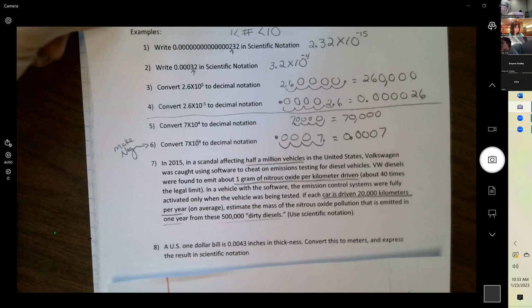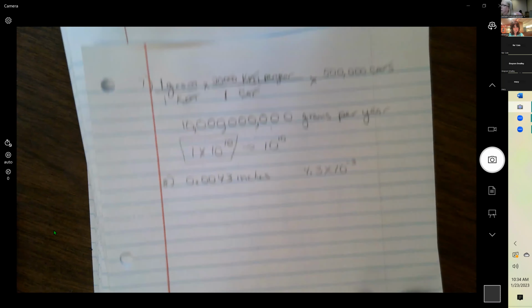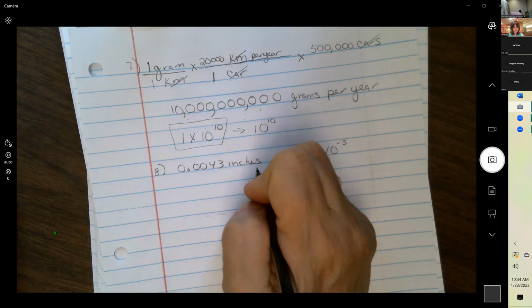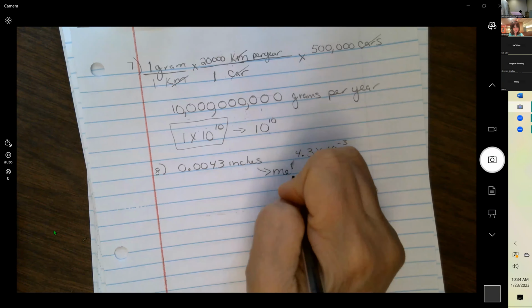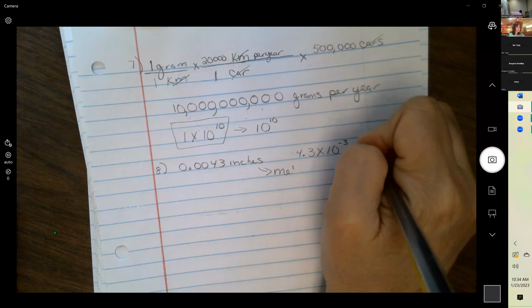Now, I think it's easier to convert to meters first and then scientific notation, but you could do either way. The only thing is, once you start multiplying, then you have to rewrite this because it's not between 1 and 10. So I think it's easier if we stick with inches to meters. But this is correct for inches. Are there any questions on that?